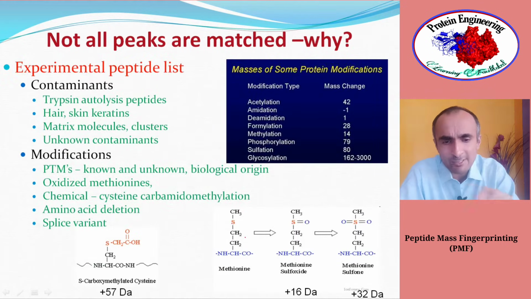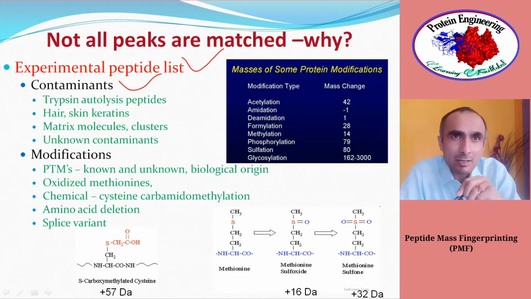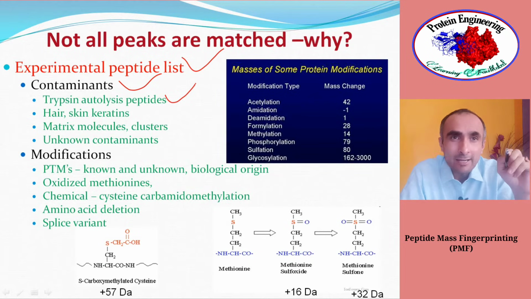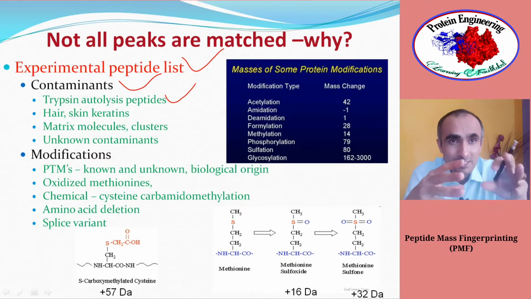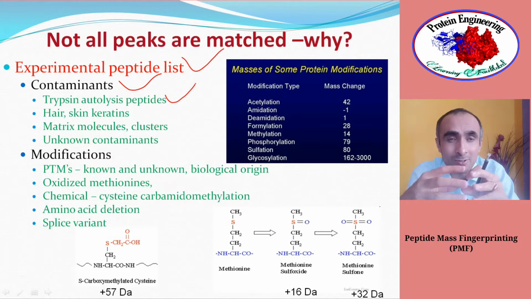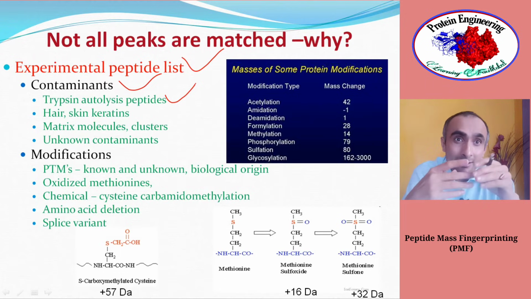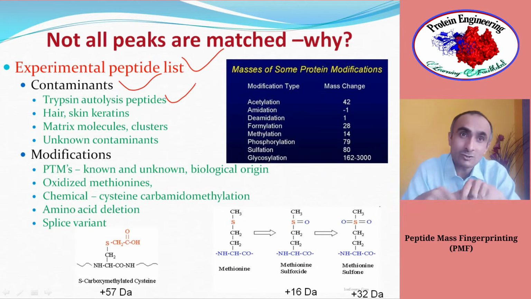Or in the experimental peptide list, if there is any kind of contaminant. Contaminant could be, for example, you are treating protein with trypsin, and trypsin is a protease. It can hydrolyze its own molecule also. One trypsin molecule can hydrolyze another trypsin molecule. So in the mixture of peptides of your unknown protein, there will be peptides coming from trypsin itself.